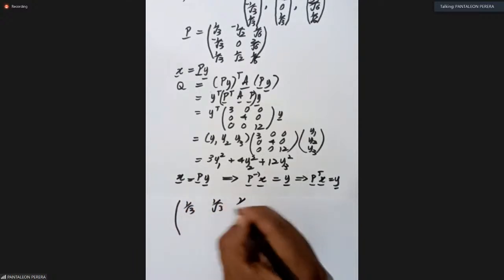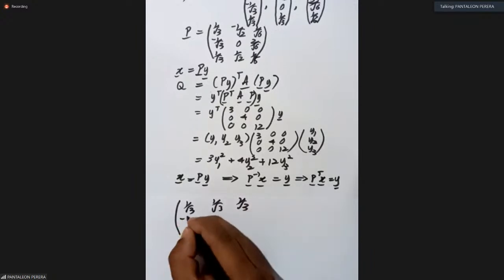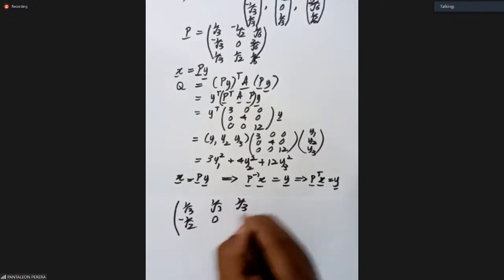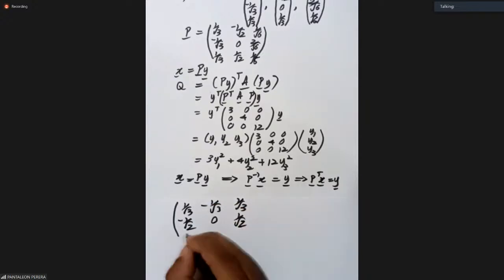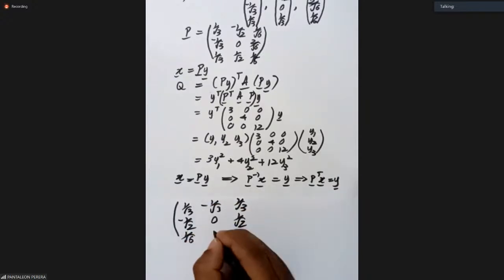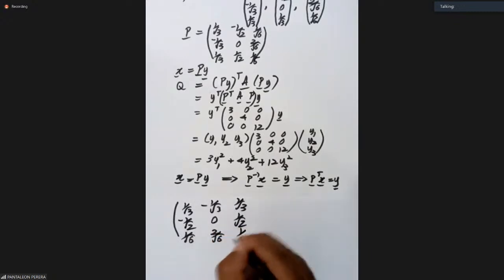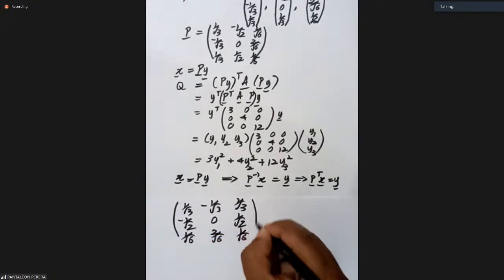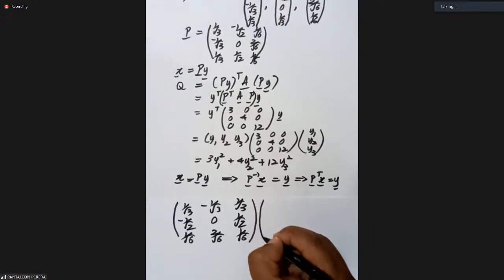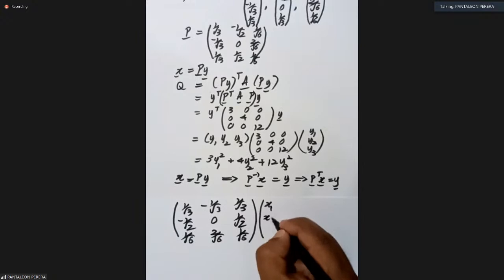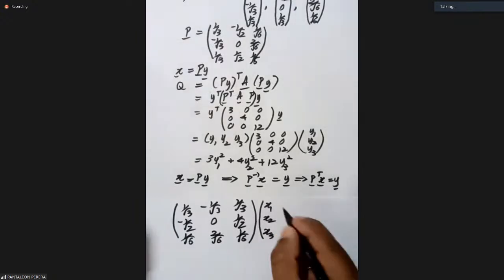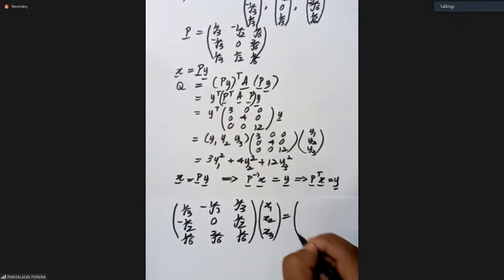This is the same as that stress tensor business. This is x.